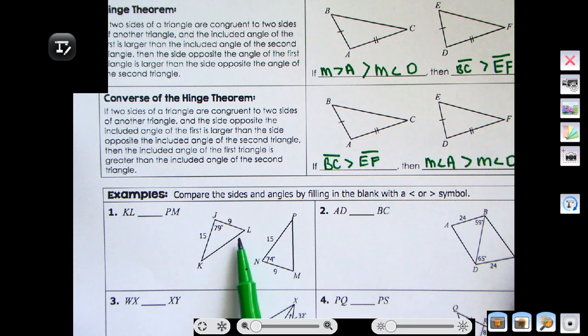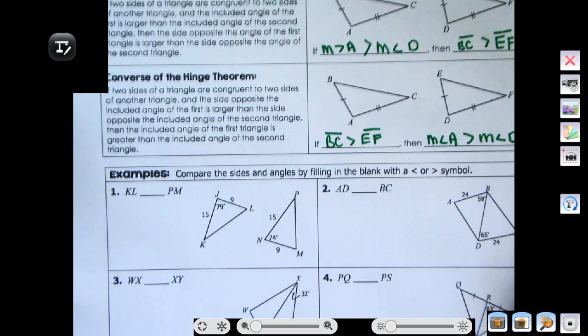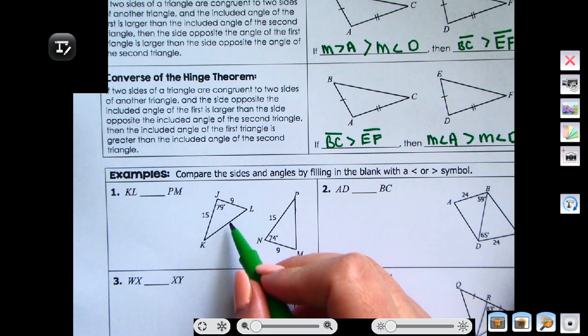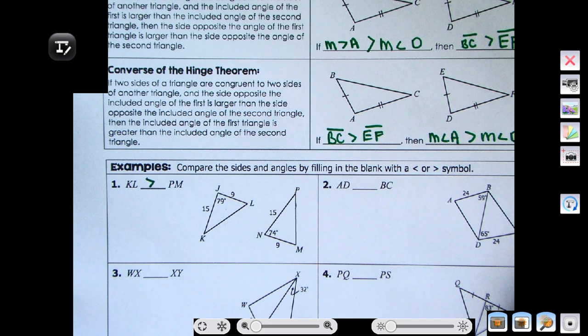So that would mean that this side that's across from 79 is bigger than this side that's across from 74. It probably seems a little bit like common sense: this angle is bigger, so this side is bigger. So we would simply write that KL is greater than PM. And that's it.